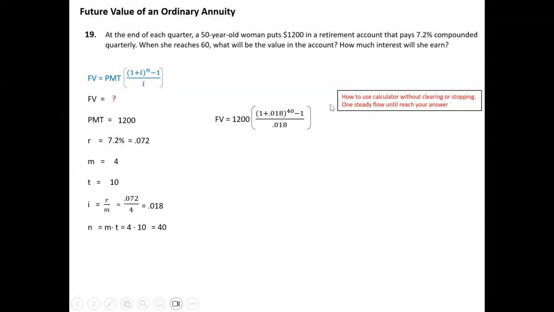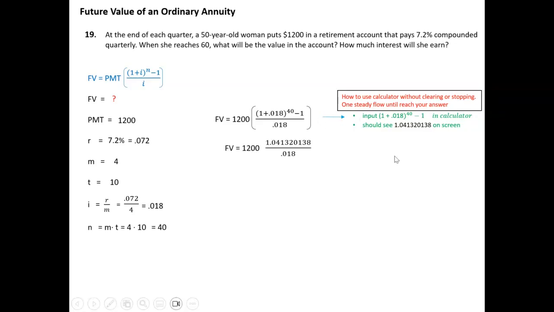So here I'm going to show you guys how to use the calculator, guys, in one steady flow without stopping. So first, you're going to enter the parentheses 1 plus 0.018 close parentheses to the power of 40 minus 1. This is what you should see in the calculator: 1.041320138.